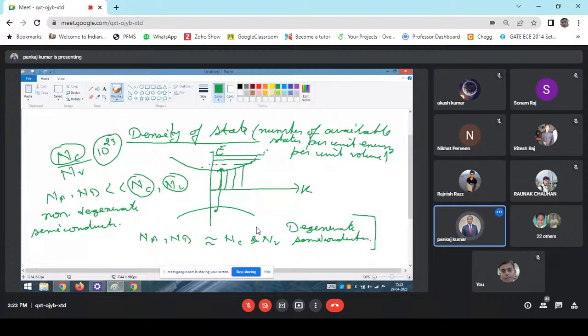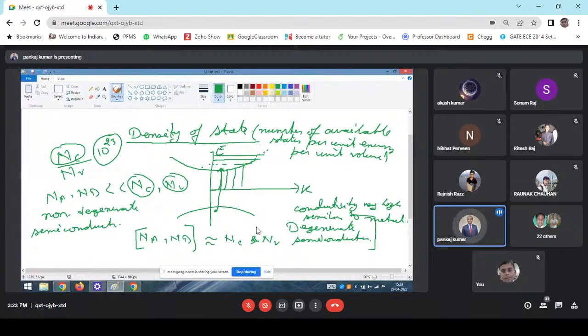As we know that Na and Nd are very high, that means the conductivity will be very high. So in this case, conductivity is very high and it can act similar to a metal, and these are similar to metals.